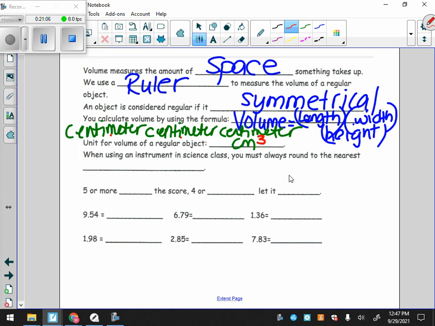That means centimeter times centimeter times centimeter. Length, width, height. Centimeters cubed. You want to be really smart? You can write this. What does that mean? CC. What does it mean? In terms of measurement in science, it means cubic centimeters. I would prefer you write this, centimeters cubed.